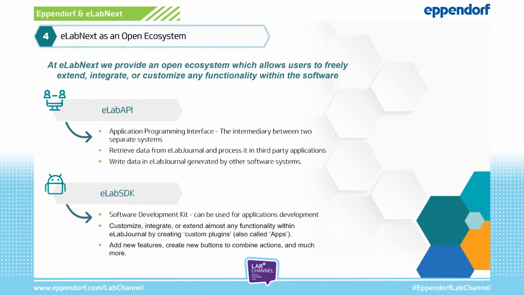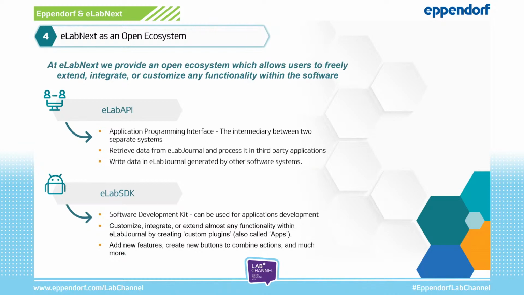So this is an application programming interface. The APIs allow you to retrieve data from eLab Journal to process in third-party applications or write data generated by other software systems to eLab Journal. So it works basically as a communicator between two softwares, and as I said before, can be tested also during the trial. If you're interested, you can also test this.